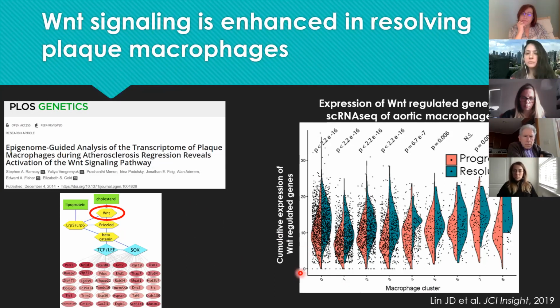And we looked at the cumulative expression of Wnt-related genes. And we saw that in resolving plaque macrophages there's a higher expression of these Wnt-regulated genes. So again, in an independent model, we verified that plaque macrophages in resolving environments have more Wnt signaling.